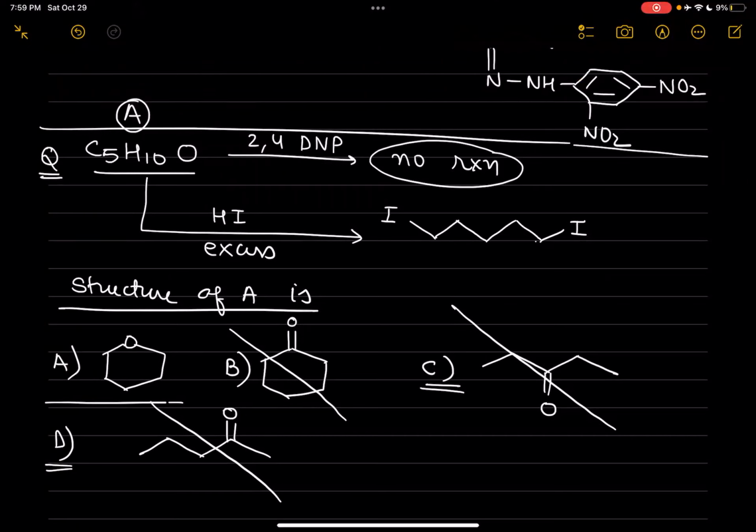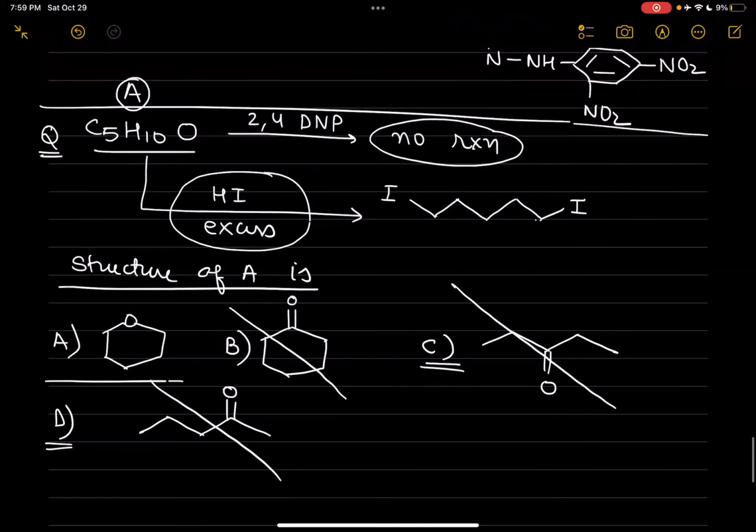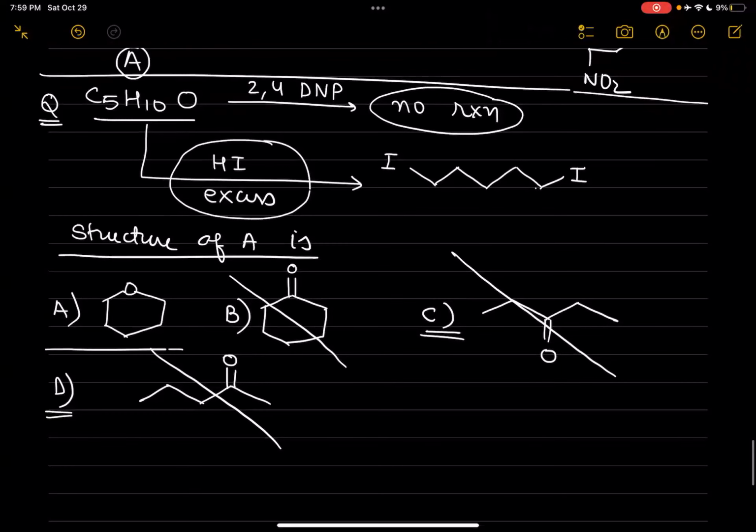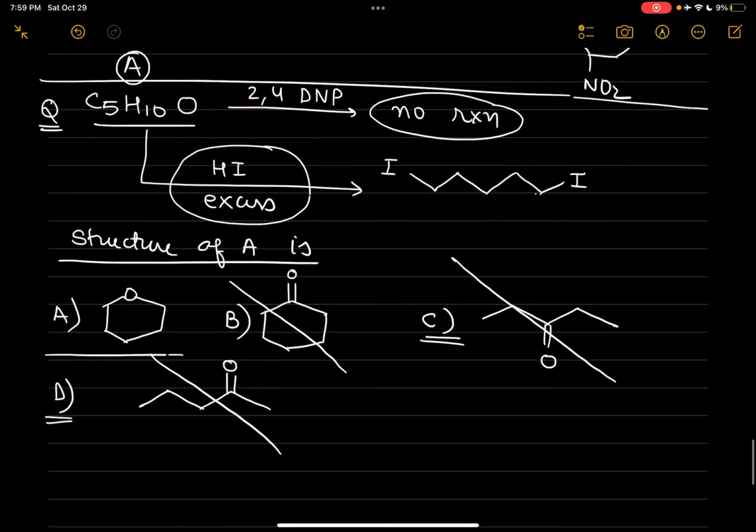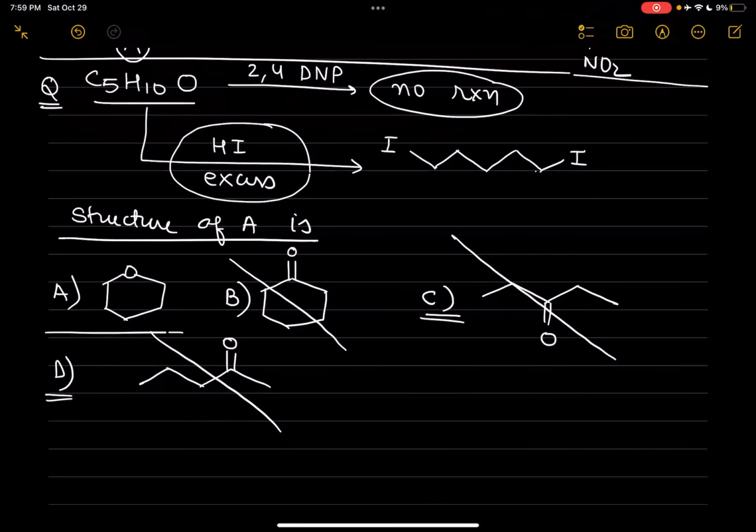But it is reacting with excess HI. So where have we studied this reaction?